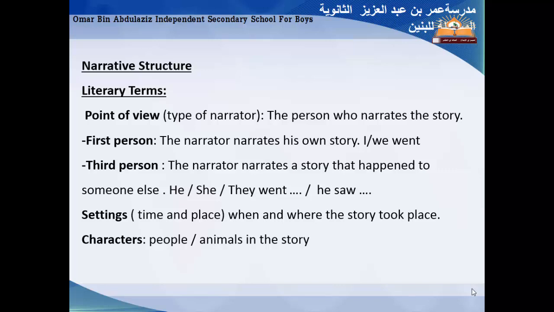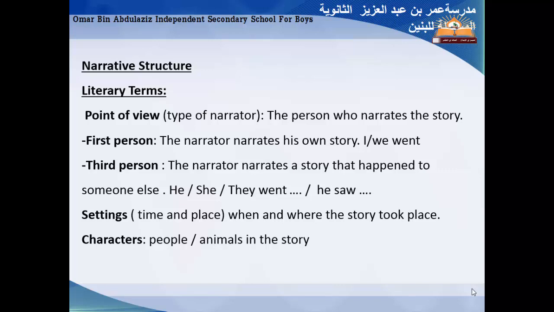Number one, point of view. It's a type of narrator. It means the person who narrates the story. When we talk about point of view, we have first person and third person. In first person, the narrator narrates his own story from his own point of view, using the pronouns I and we.